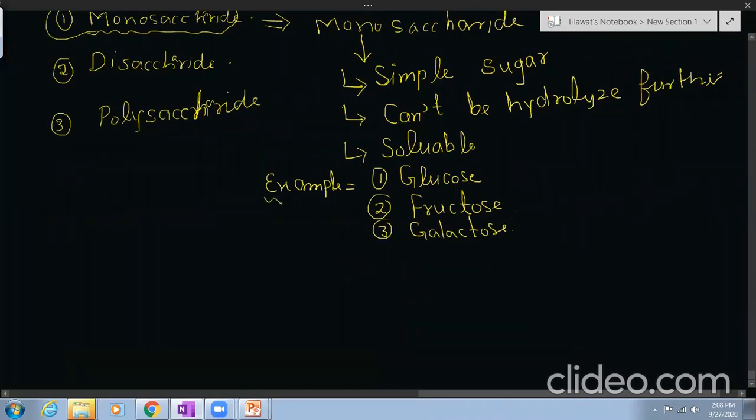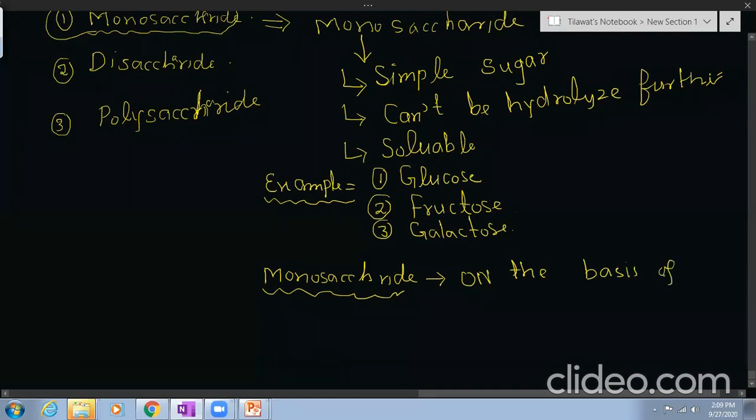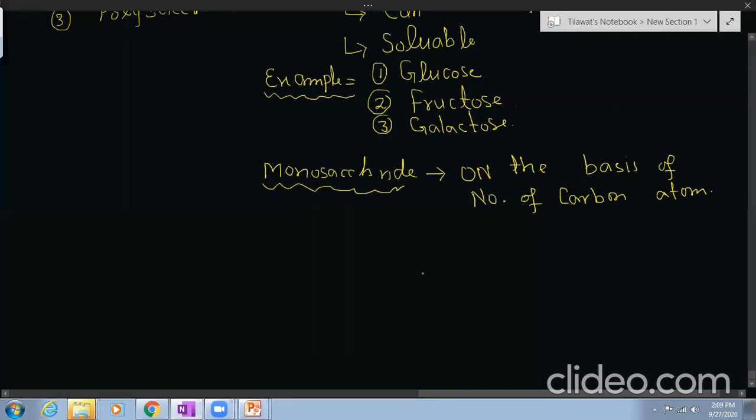Now, monosaccharides are further divided into different types on the basis of the number of carbon atoms in them.